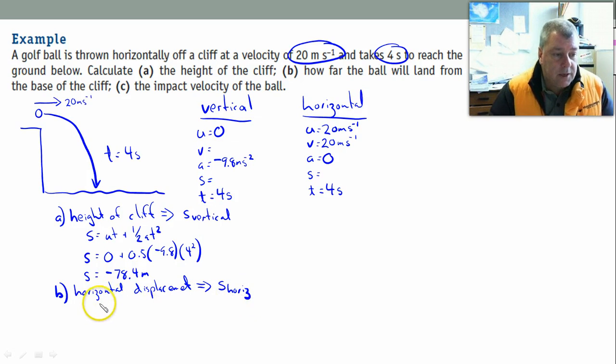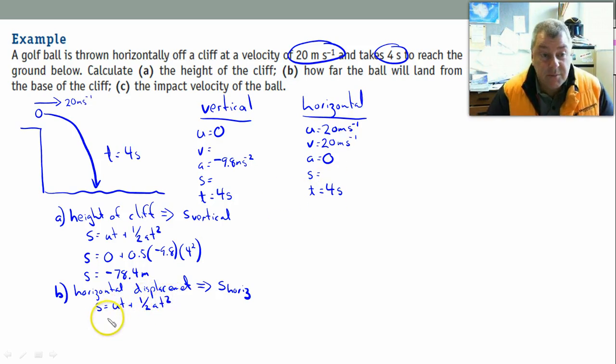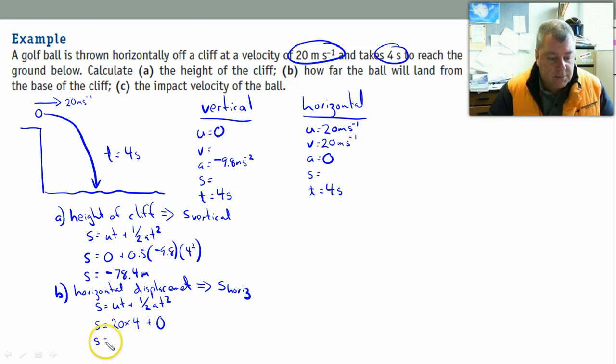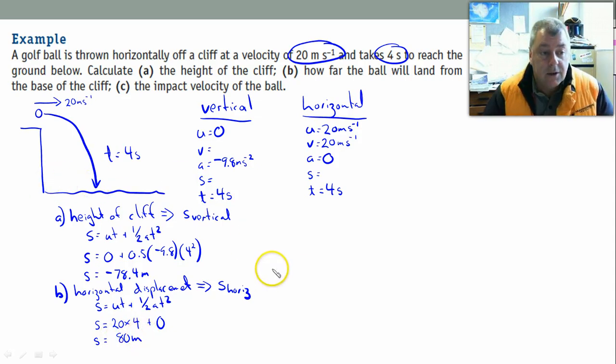Again we're going to use the same equation, s equals ut plus half at squared, because we've got this, we can put it in. There might be more than one way of doing this, but I'm going to use this equation. So s: u is 20 times t, which is 4. Because a is 0, the rest all becomes 0. So s becomes 80 meters. That's how far from the cliff it went horizontally.